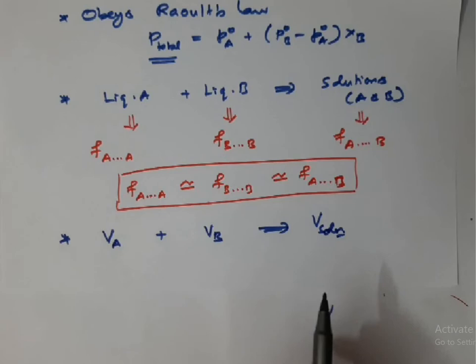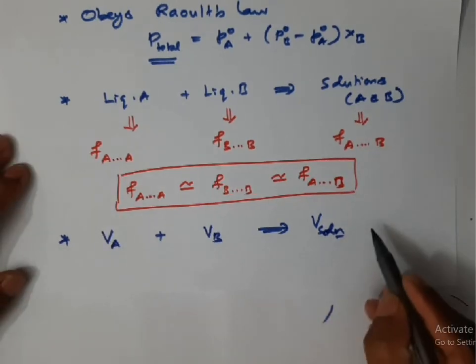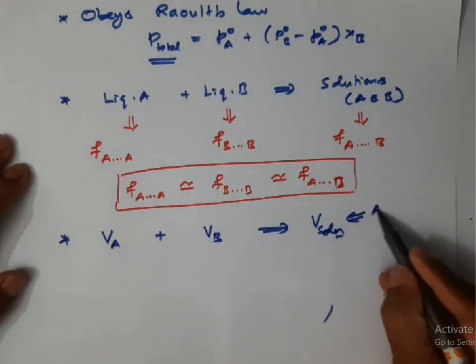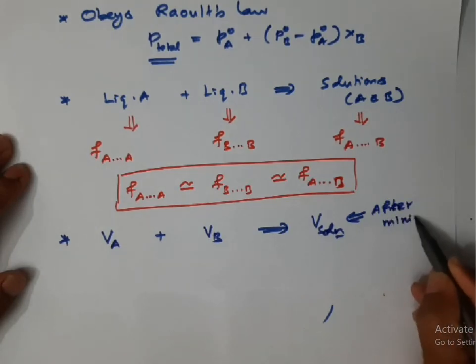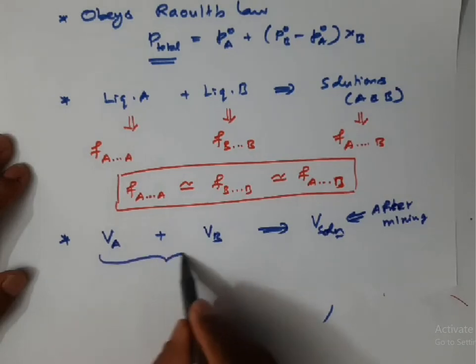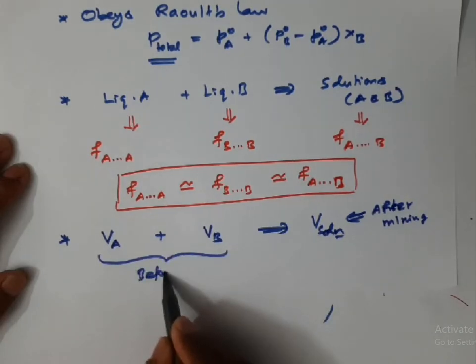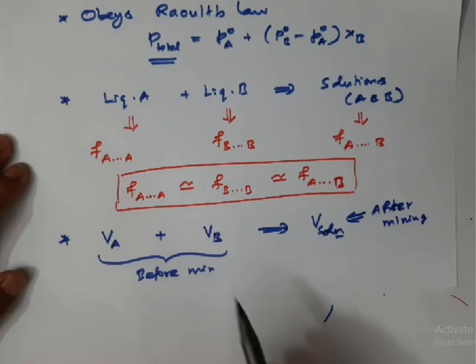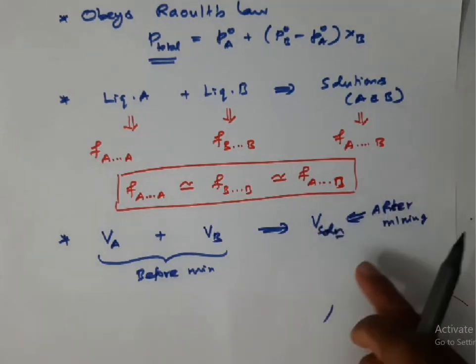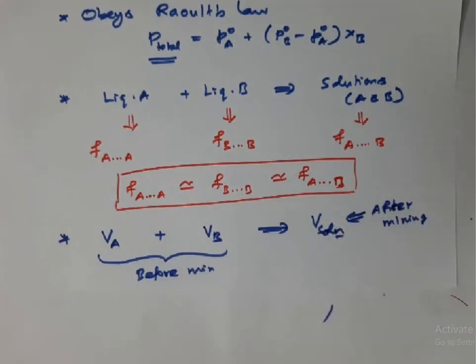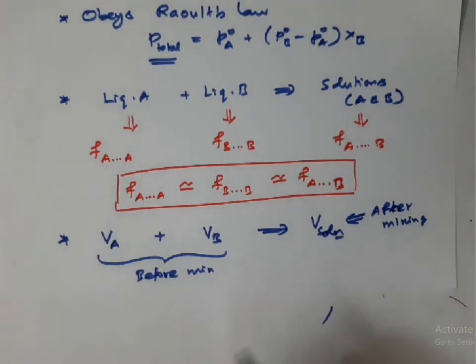Students, observe carefully. This is the volume after mixing. The total volume before mixing is VA plus VB. The total volume after mixing is V solution. We could also write VAB, but it may give some confusion, so I wrote V solution.